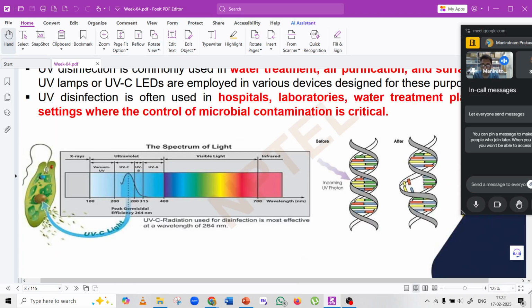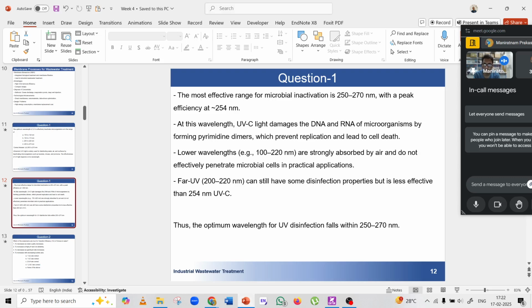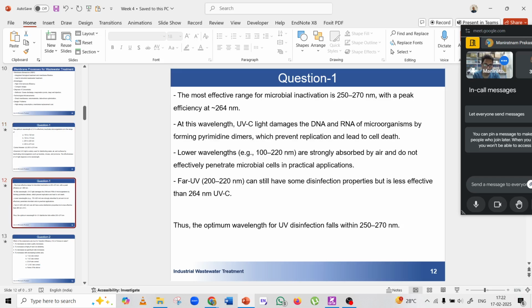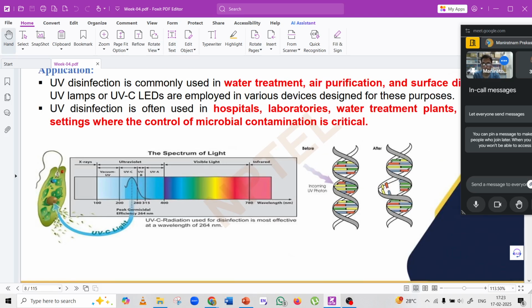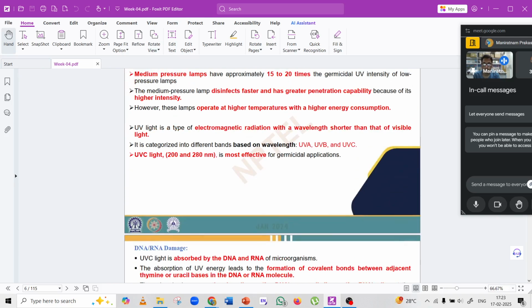Here you can see that there is a peak, and, oh, I have one mistake here. It will be 250 to 264, not 254.